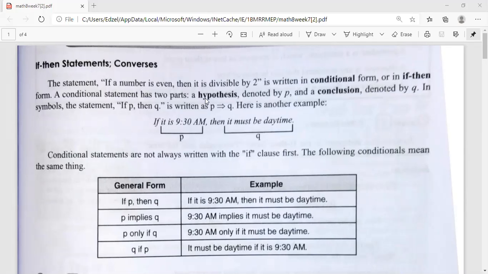Students, the conditional statement has 2 parts.